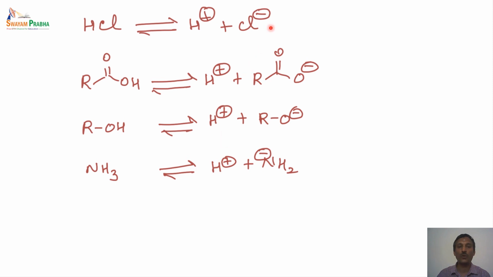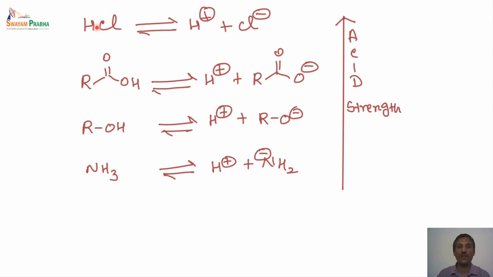So if we have to put the acid strength of all these compounds, then we can arrange them like this. The acid strength increases from ammonia to HCl. So HCl is a very strong acid.